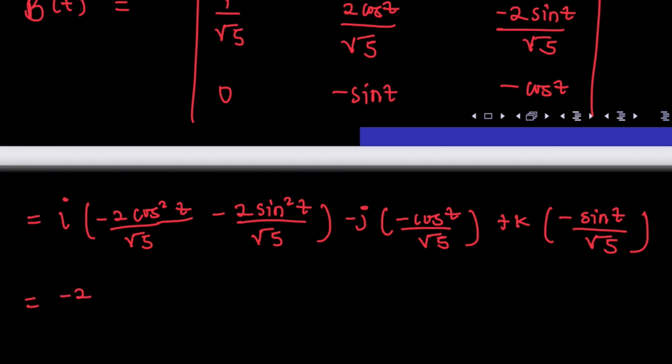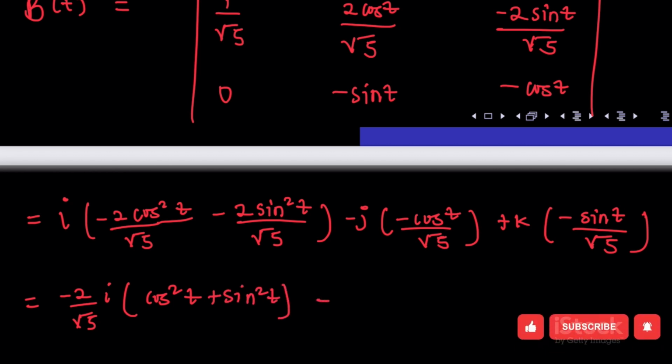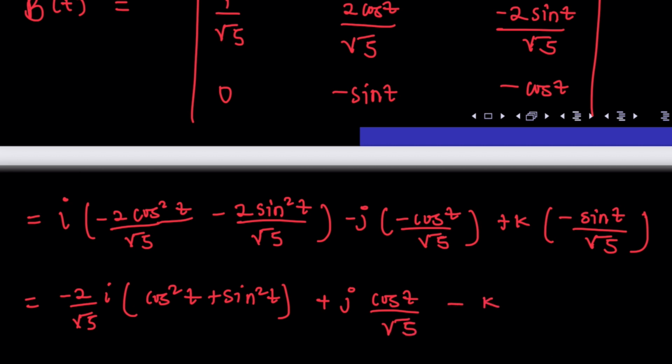So you're going to have minus 2 on square root of 5 i, then cosine squared of t plus sine squared of t, then plus j cosine of t on square root of 5, minus k sine of t on square root of 5.